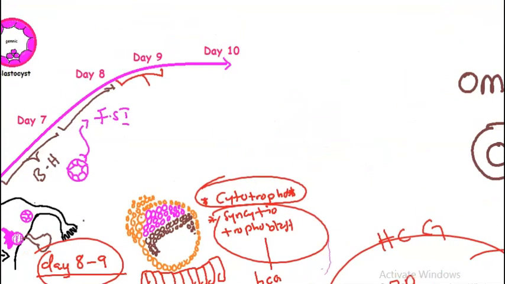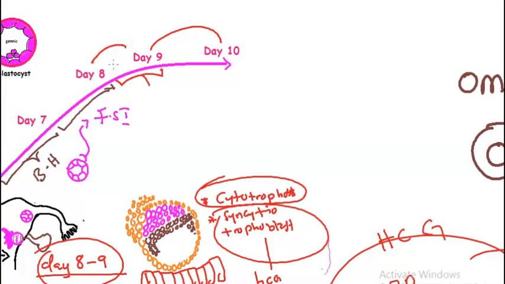Now that we have seen what happened between day 8 to day 9, the last thing which we have is to look at what happened between day 9 and day 10. A very quick revision on what happened between day 8 and day 9: we said it's simply an invasion into the uterine wall.